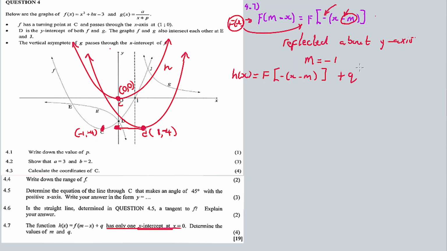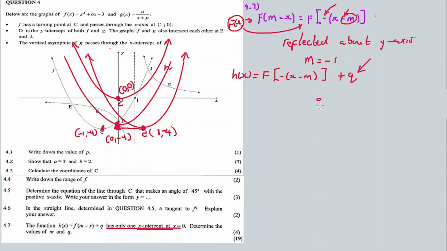Now we have to take q into consideration. My graph has been shifted from here by 1 unit to the left, so that the turning point becomes 0 and -4. So I need to take it up until it arrives at the origin. In order to do that I must shift my graph 4 units up. So it means I will shift it upwards by 4 units.